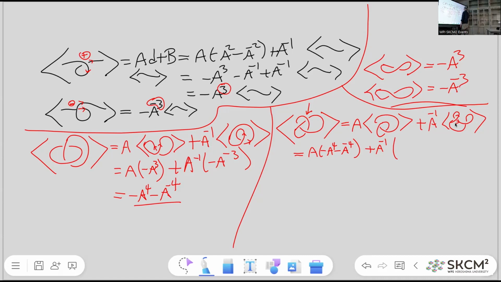Negative. Minus A inverse minus A to the minus 3, they're both negative, squared. And there we are. There's the bracket polynomial for the trefoil. Might as well multiply it out. So I get minus A to the fifth minus A to the minus 3 plus A to the minus 7.